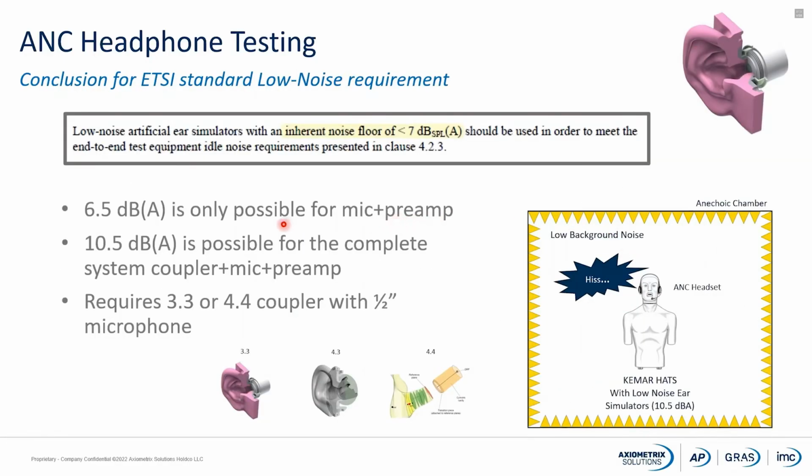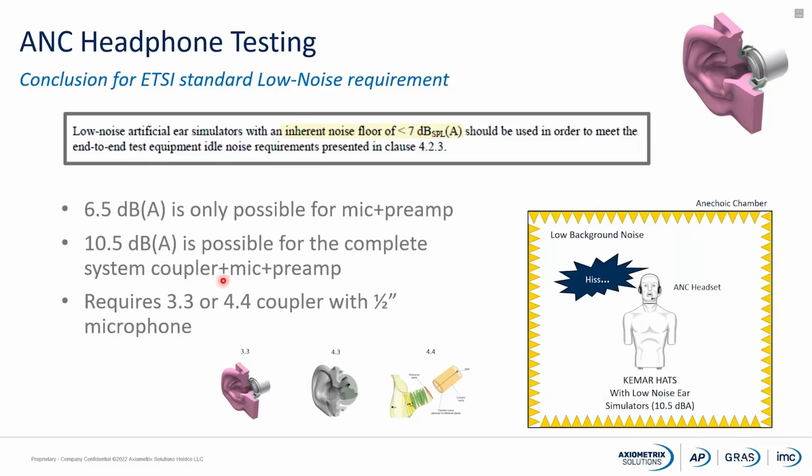So as a summary from this section, the 6.5 dBA performance is only possible for a microphone plus preamp combination, but not for the complete ear simulator, microphone, and preamp combination. In that case, the noise floor that we can achieve with the current state of technology is 10.5 dBA.